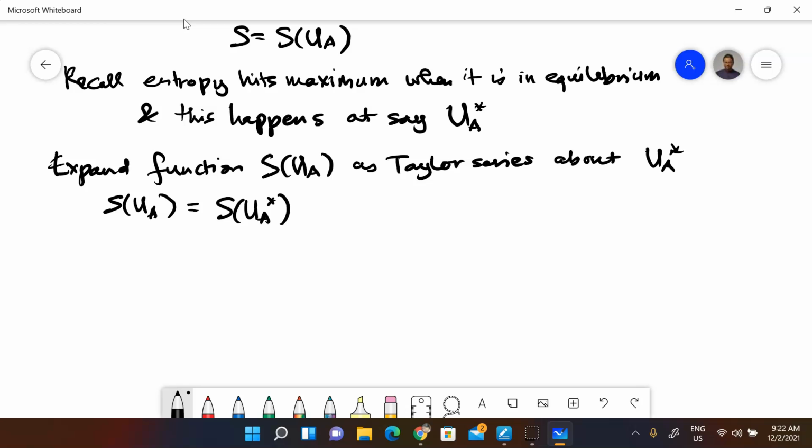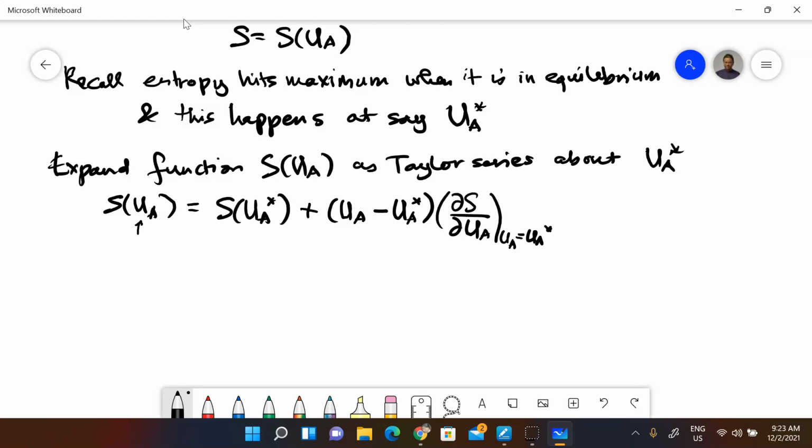First order term, then you have this expansion. So remember here, this is your variable, so U minus the point over which it is expanded on. And then you take the first order derivative with respect to UA, and this is evaluated at UA equals UA star.